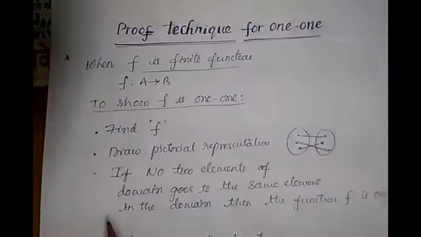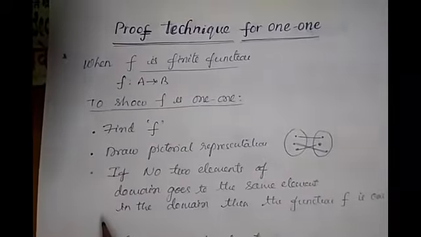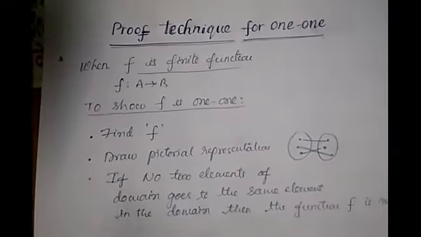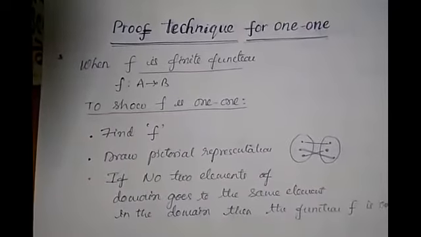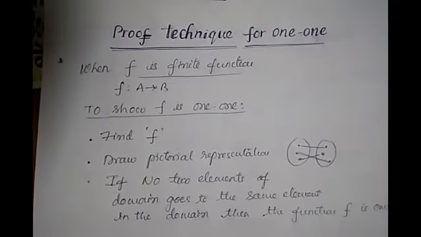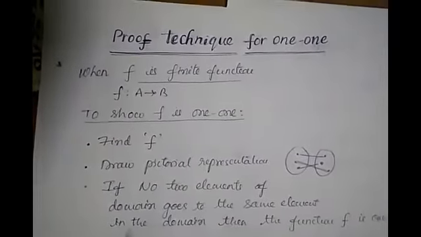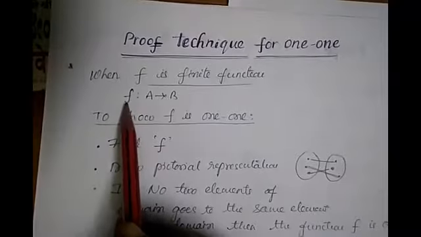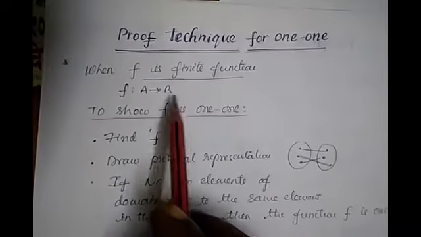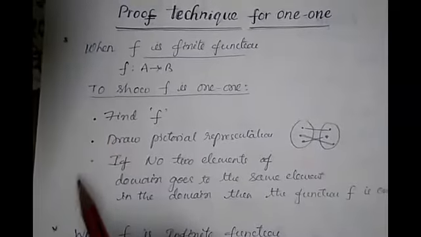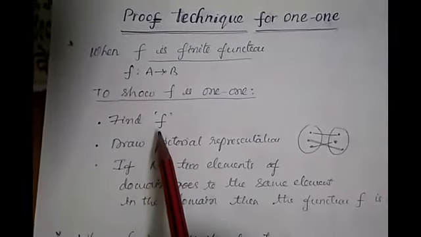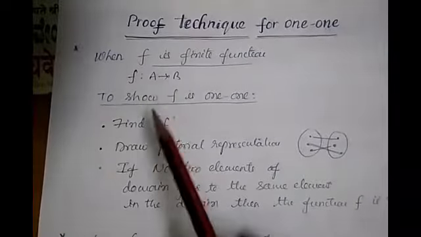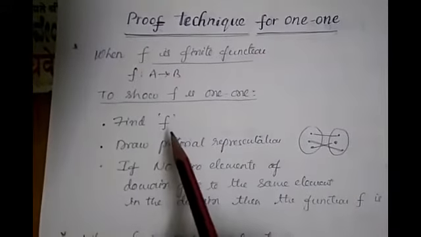We are going to learn the proof techniques for one-one function and the proof techniques for onto function. You know the definition of one-one function, but how do we prove one-one in our problems? If the function is a finite function, that means the function f is defined on a finite set, then how to show f is one-one? Simply find f, that means substitute the domain values in the function defined and get the values of f.